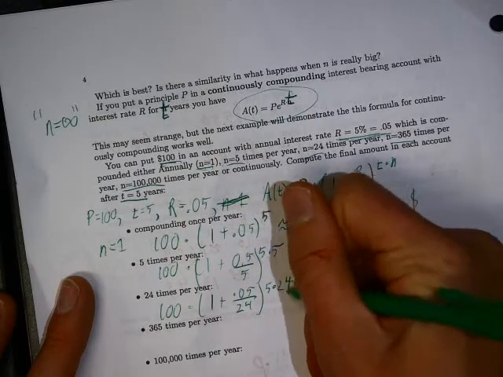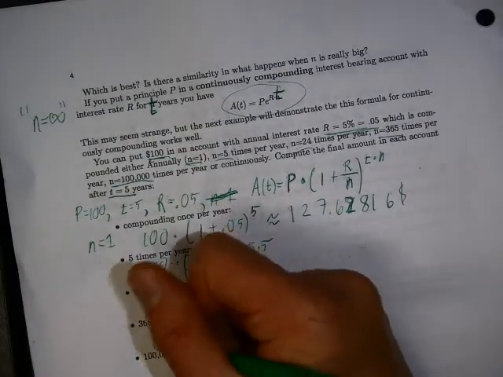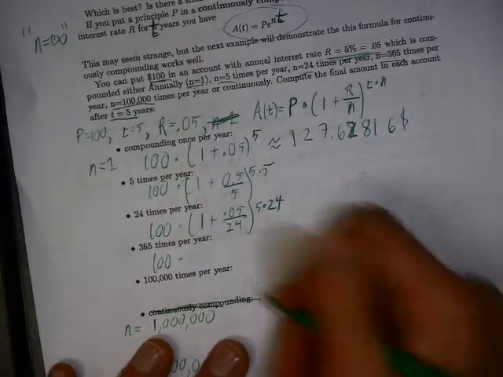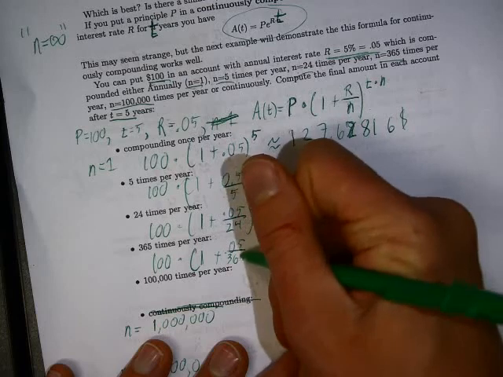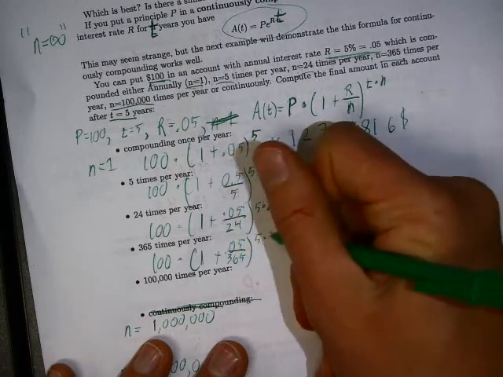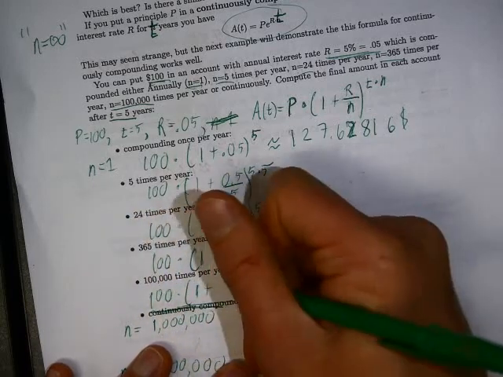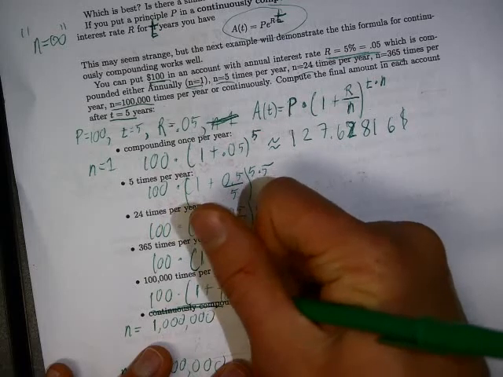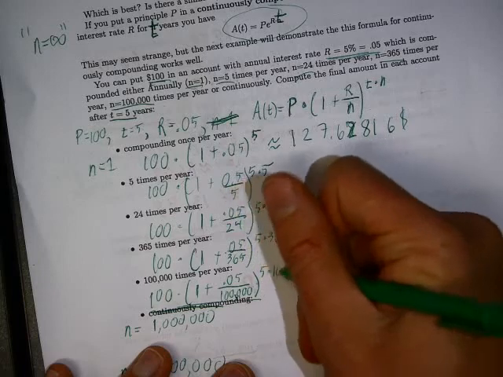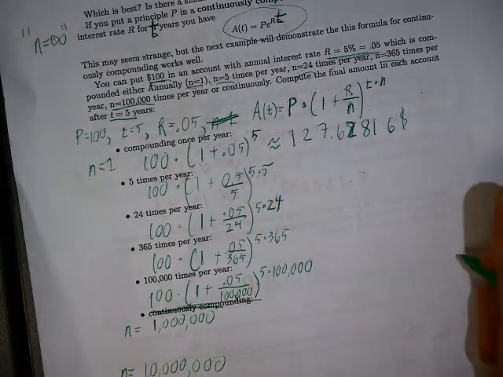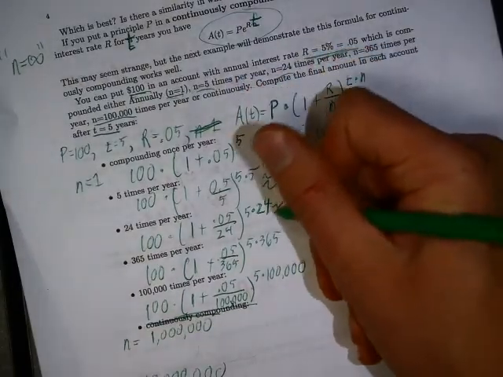I won't bother doing anything by hand. 100 times 1 plus 0.05 divided by 365, raised to the 5 times 365. 100 times 1 plus 0.05 divided by 100,000, raised to the 5 times 100,000. I won't even write the formulas down for the next two. Let's just write down the approximations.